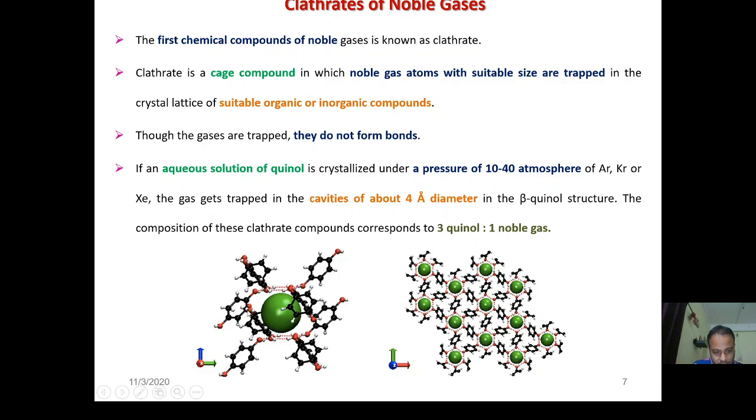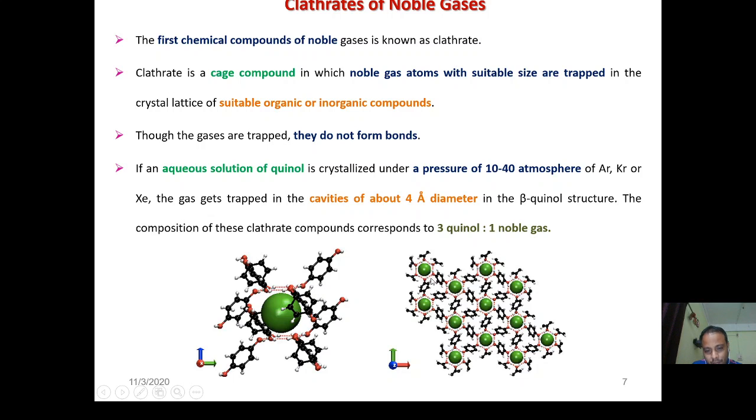Now you see, this is the lattice. If the noble gas is very small, what will happen? It will easily come out of this lattice and the compound will be unstable. However, if this noble gas is quite large, then it will not fit in the hole produced by the lattice. And in that case also the compound will be unstable. And each of these is held together by hydrogen bonding.